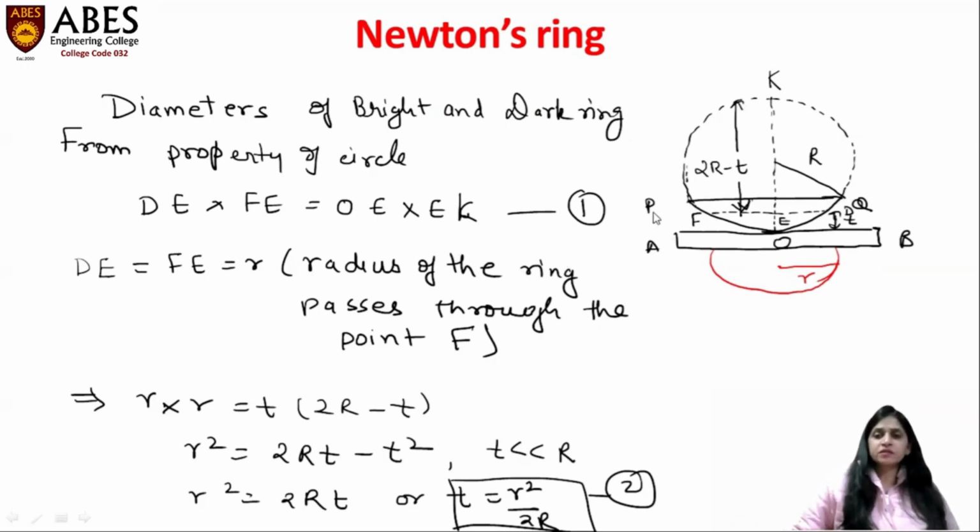So from this diagram, we found out the value of T at which point the ring was forming of the radius small r. So T is r square upon 2R.